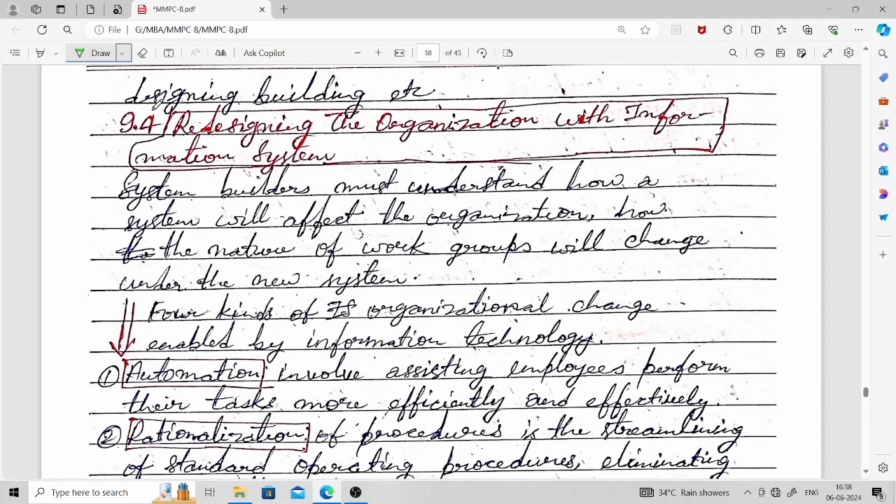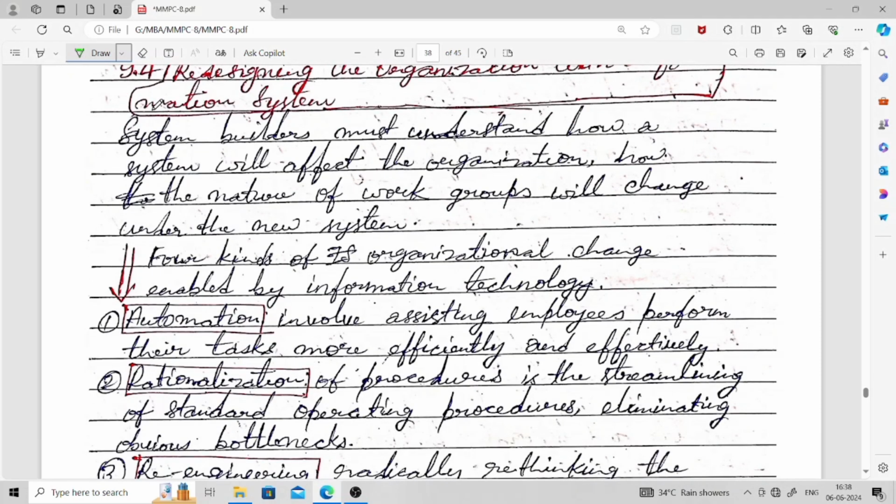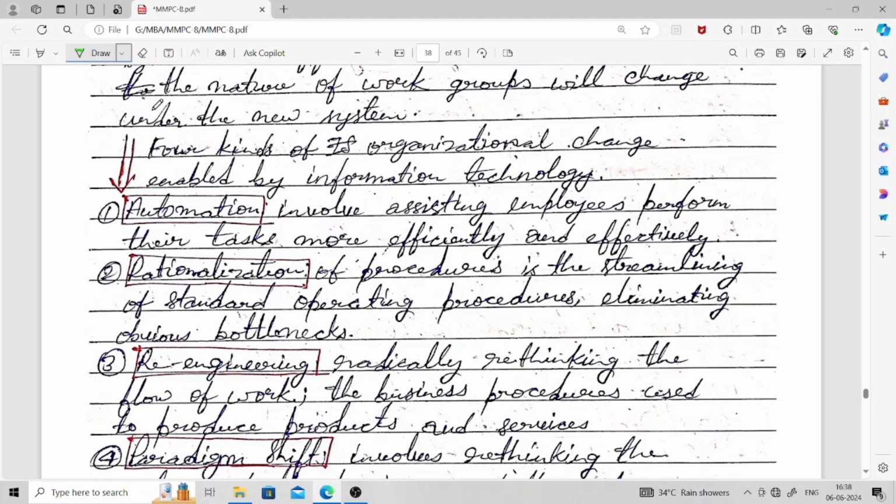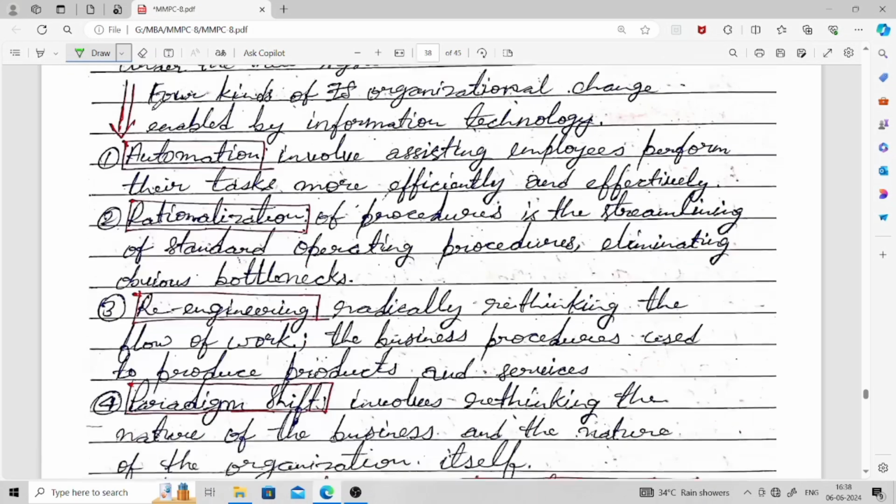So that's a given. There are four kinds of organizational change enabled by information technology. The first is automation.